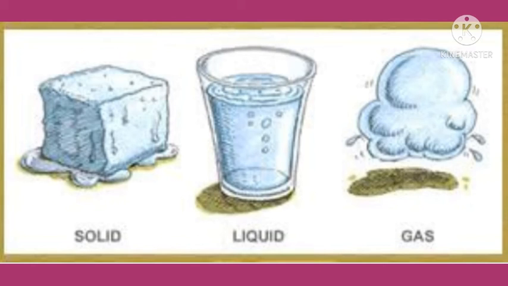As a result, we see differences in the properties of solids, liquids, and gases. All substances in nature have a particulate form. Particulate form means they are made up of particles. In nature, every substance occurs in a specific state. Accordingly, that substance is called a solid, liquid, or gas.